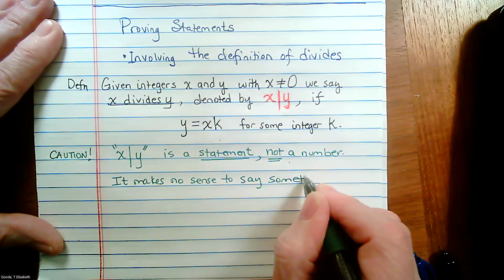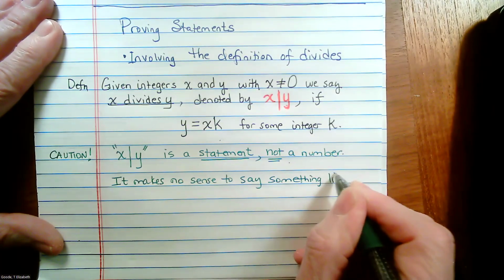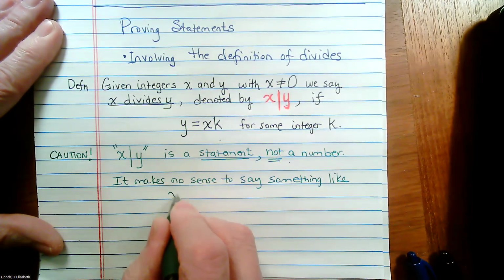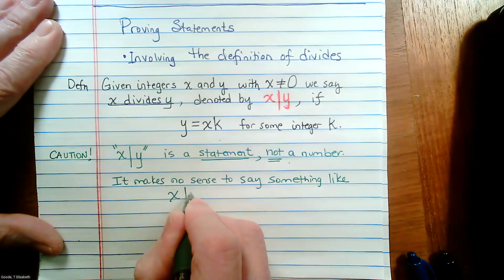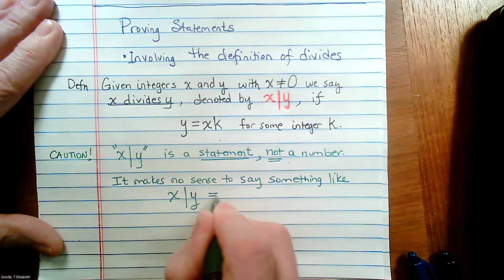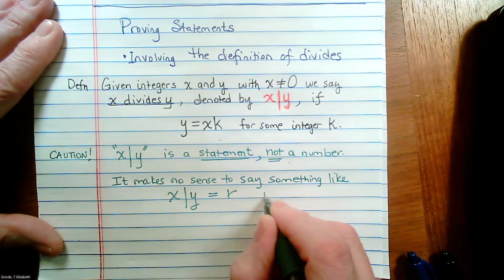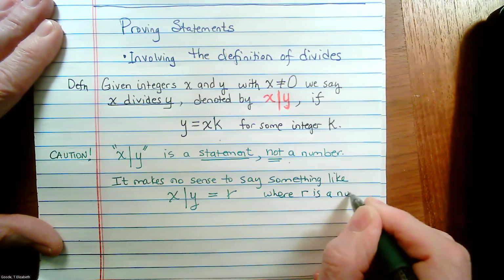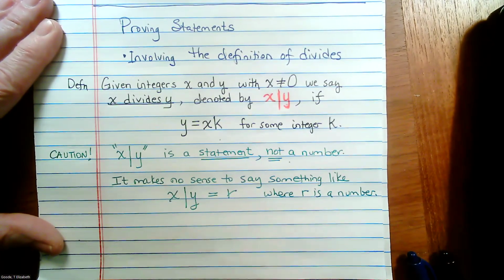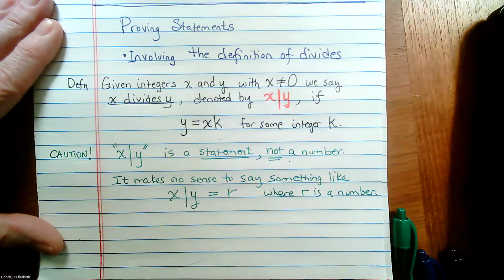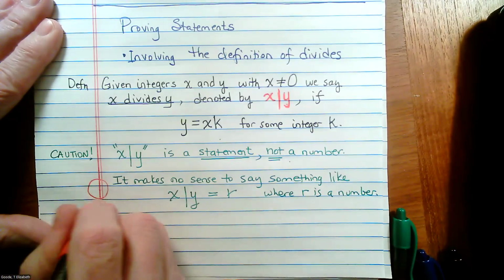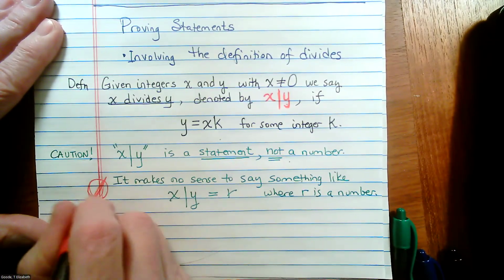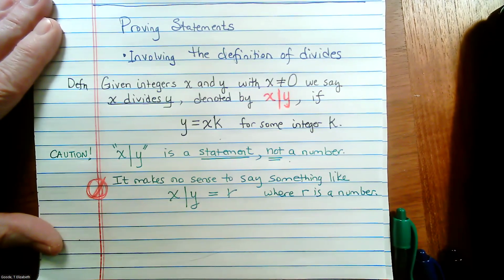It makes no sense to say something like x divides y equals r, where r is a number. That makes no sense because this isn't a number. It's a statement. So don't do this. Okay.